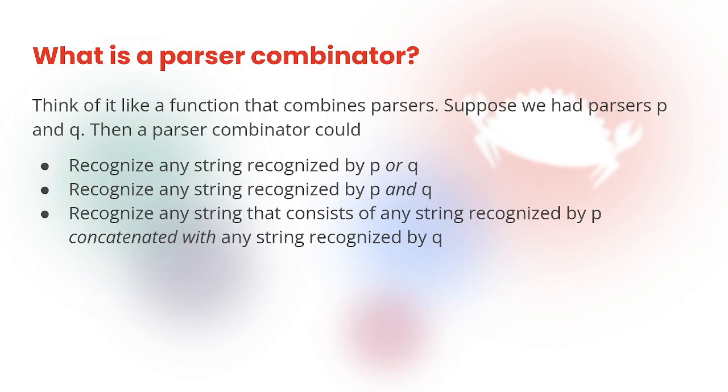And then recognize any string that consists of any string recognized by P concatenated with any string recognized by Q. So maybe P recognizes a function signature and Q recognizes the body of a function, then you can concatenate those two to recognize a function declaration, which consists of the signature and the body. Okay, sure. So that's combinators.